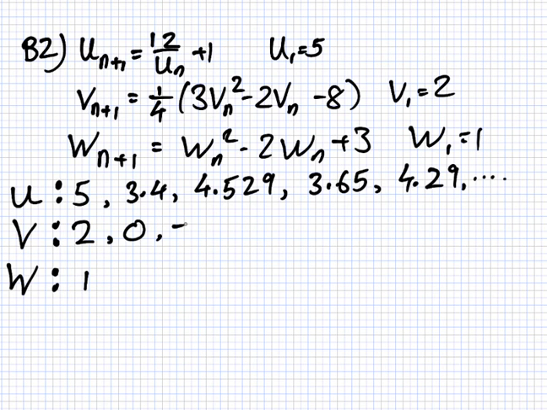So for the next sequence, if I put in 2, I'll get 0. Then if I put in 0, I get minus 2, and then 2, and then 0. So that's clear. That's the periodic one.